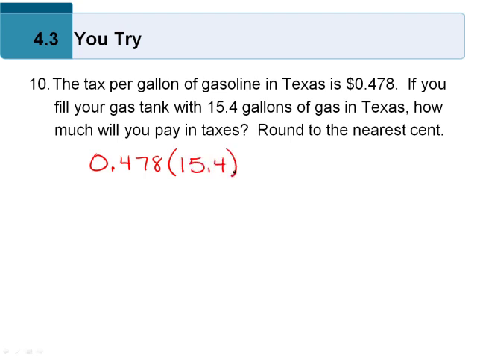So we get 7.3612. Now the directions say to round to the nearest cent. The 6 is in the cents place because 7.36 is your money right there. The 1 is less than 5, so that's not going to round up our 6 at all. So it would be $7.36. That's how much you pay in taxes in Texas.